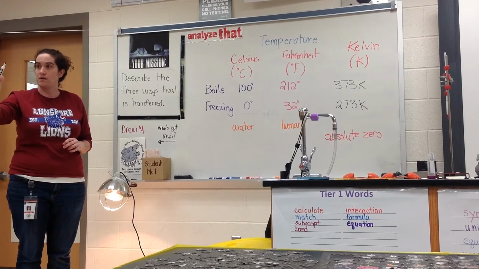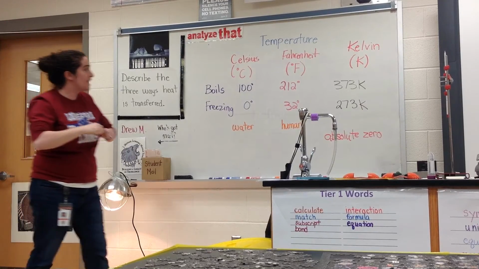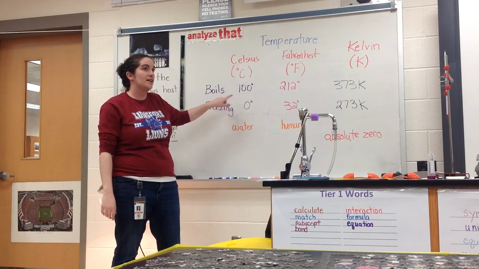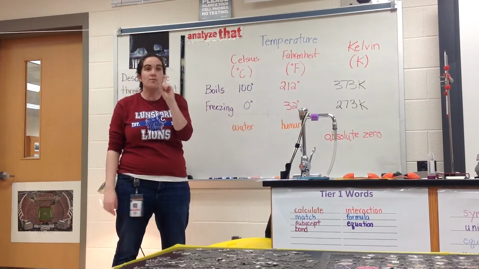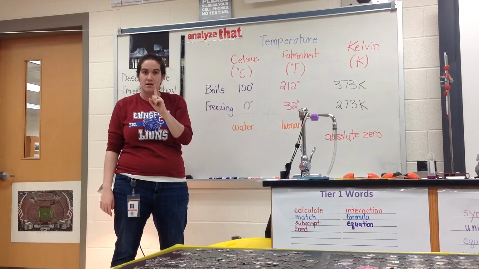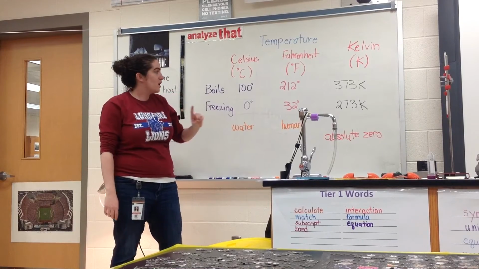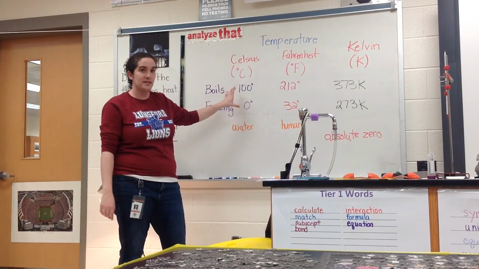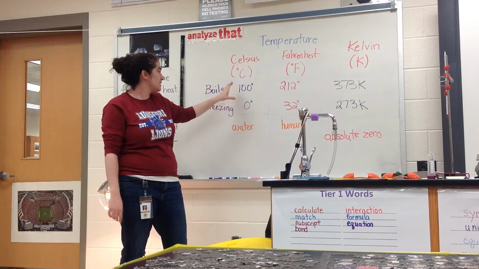Celsius and Kelvin. The difference between freezing and boiling of water on each scale is the same. Does everybody see that? So there's a 100-degree difference here and a 100-degree difference here, okay, between freezing and boiling.